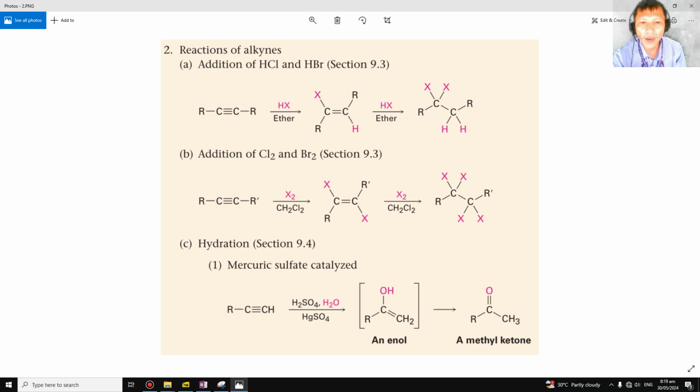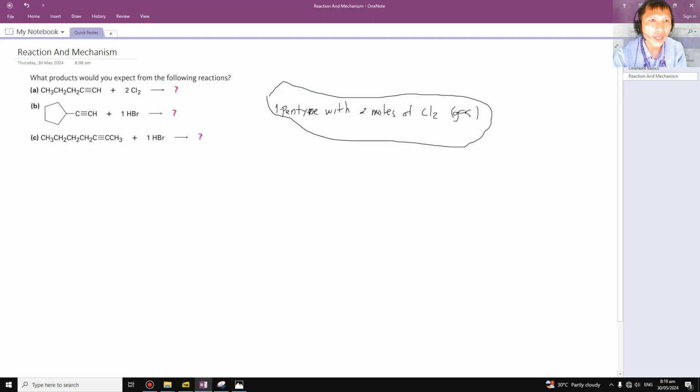If we apply this to our problem, voila. For letter A, the triple bond C would be a single bond C, and then those Cls will attach to those carbons, meaning there would be two of this.